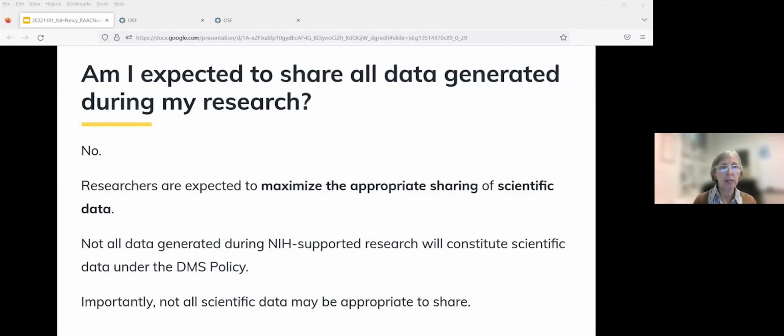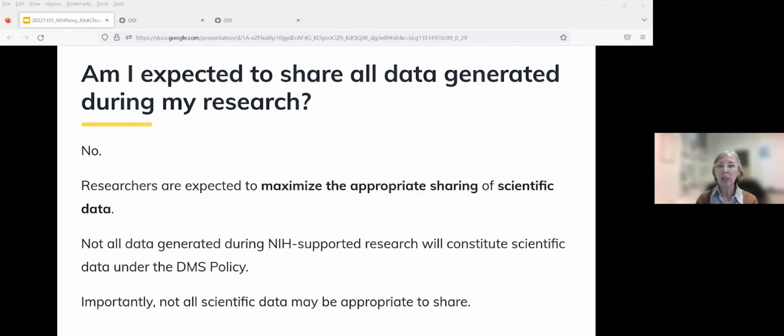So first off, am I expected to share all data generated during my research? Well, a reminder that the goal is to maximize appropriate sharing of scientific data. Scientific data itself is defined as data commonly accepted in the scientific community as of sufficient quality to validate and replicate the research findings, regardless of whether the data are used to support scholarly publications.